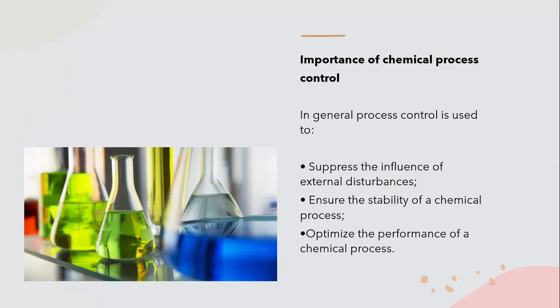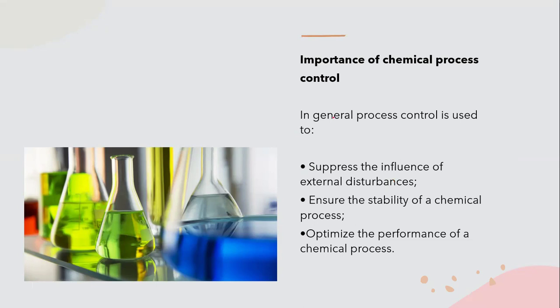Basically, we want to counteract any disturbances that will take place, because any disturbances will hinder the chemical industry from producing a product. So process control is used to suppress the influence of external disturbances, because we don't want those disturbances. So we use process control.